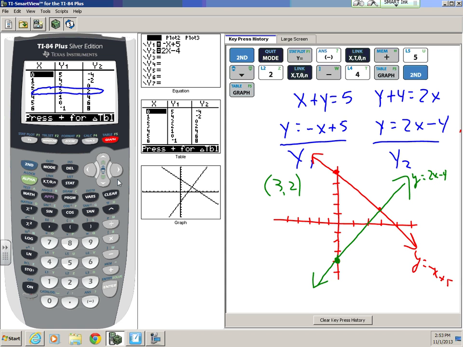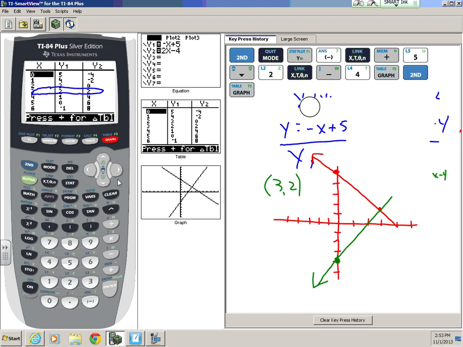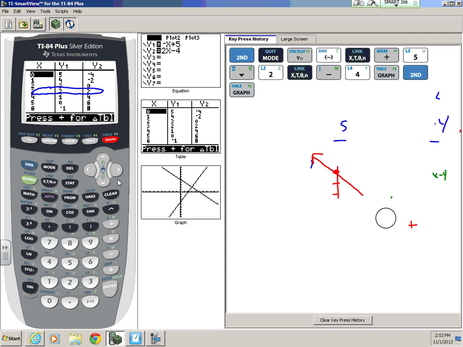Now we want to go to what to do for a linear system of inequalities. Somewhat similar, a little bit different. So let me just erase and write up my system over here. And when I get over there, I'll clear out the calculator so I can start over with this.